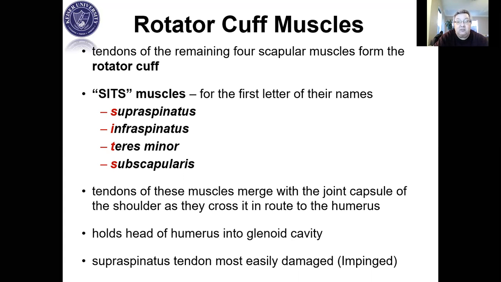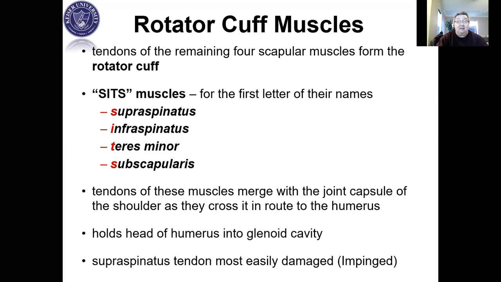That is the most important job. That is what they do as a group. They each have separate actions, but when we're talking about the rotator cuff, the job of the rotator cuff is to keep the humeral head in the glenoid cavity.